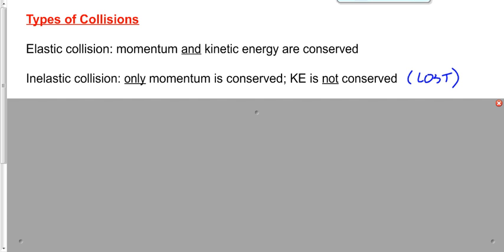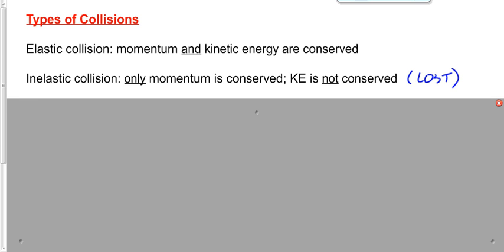We know it's going to be inelastic. If you get two objects that bounce apart, could be elastic, could be inelastic. You've got to do a calculation to make sure which one it is. You can make a reasonable, educated guess based on whether the objects are hard or squishy. If they're squishy, it's likely to be inelastic. If they're hard, it's more likely to be elastic. But we still have to do that calculation.